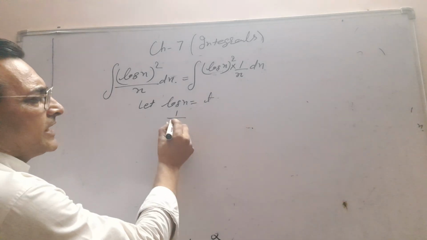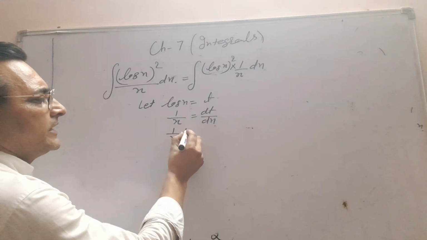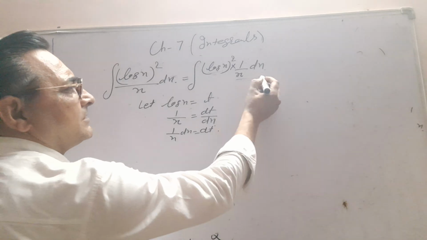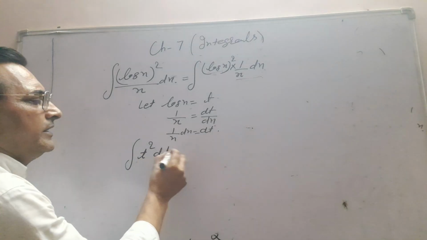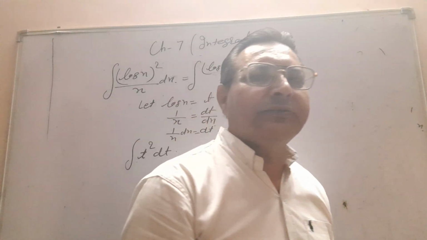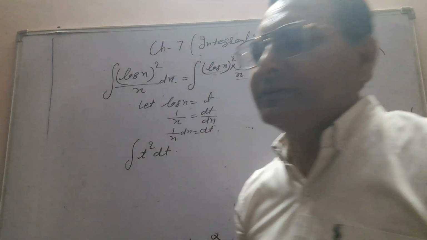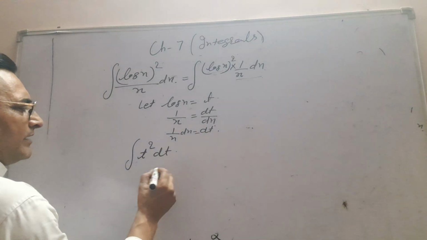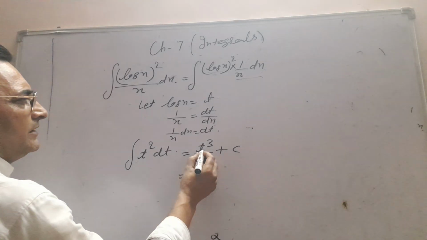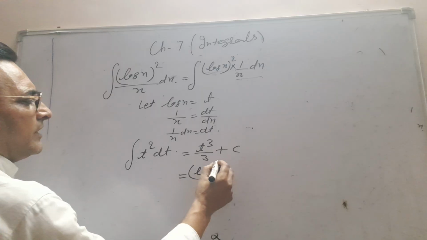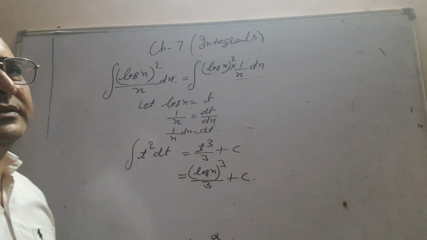Differentiating both sides, 1 by x is equal to dt by dx. Cross multiply: 1 by x into dx is equal to dt. So you will get this term as dt and it will be t power 2, so t power 2 into dt. Now what is the integration of t power 2? Just like the integration of x power n, an algebraic function, you will add 1 in the power. It will be t cube by 3 plus c. And what is t? t is log x, so it is log x power 3 by 3 plus c. It will be its integration.